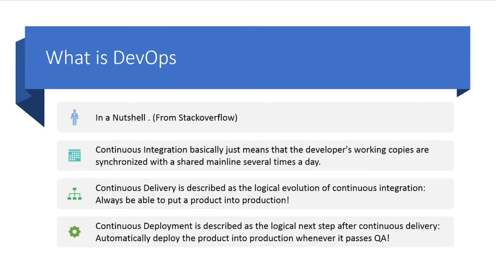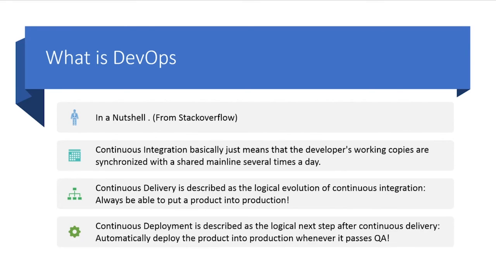So I want to provide you another set of definitions that are widely used for CI and CD. This is from Stack Overflow. So think of continuous integration as taking the working copies and having them synchronized to a mainline several times a day. When I say mainline, that just means what? Pipeline. Basically a set of processes we're going to follow, has different stages.